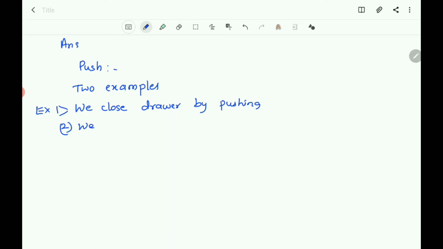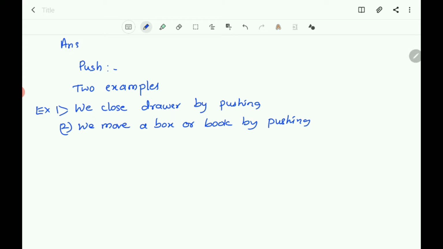We move a box or book by pushing. These are the two situations that you can explain for pushing.